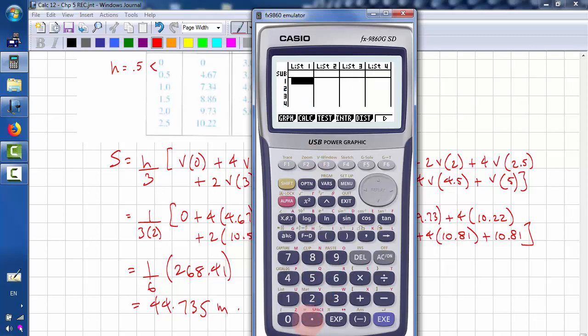So 0, 4.67, 7.34, 8.86, 9.73, 10.22, 10.51, 10.67, 10.76, 10.81, and repeat the last one, 10.81.